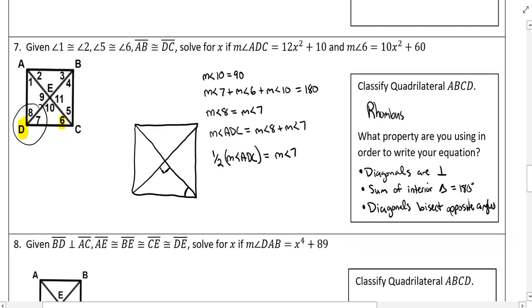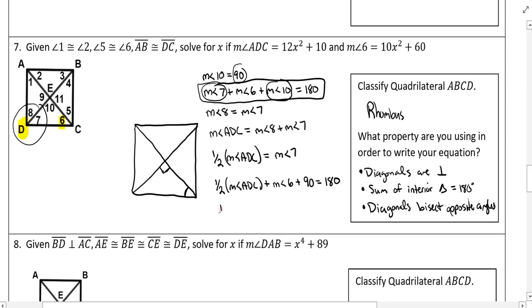Okay, so let's put all this together. Using this big equation here, instead of writing the measure of angle 7, I'm going to write 1/2 of the measure of angle ADC plus the measure of angle 6 plus, instead of the measure of angle 10, I know it's 90, so plus 90 is equal to 180.